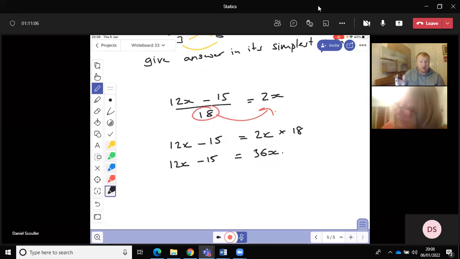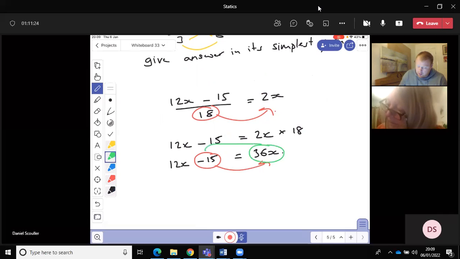Now we just have to get the terms on the right side of each other. Okay. So we just need to pull that 36 across and move that 15 over so it's on the right-hand side. Okay, so essentially we want to move that 15 over there, and in the opposite direction, we want that 36x to come back over. Okay.